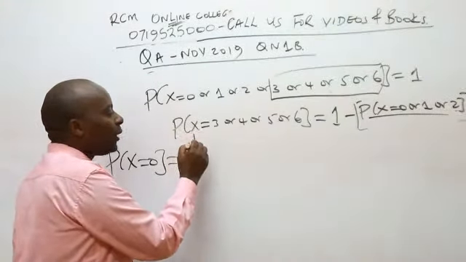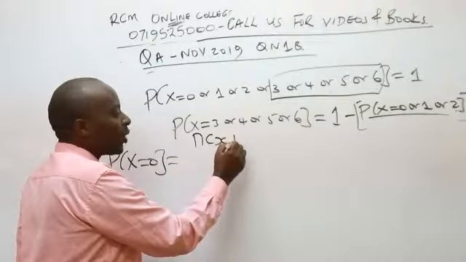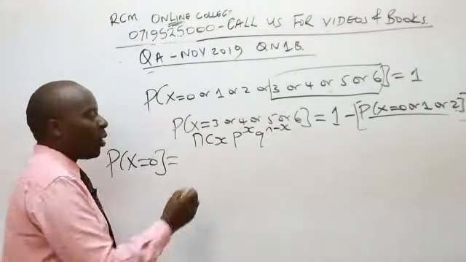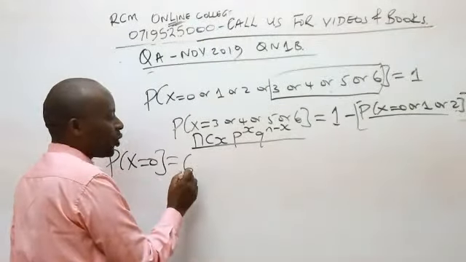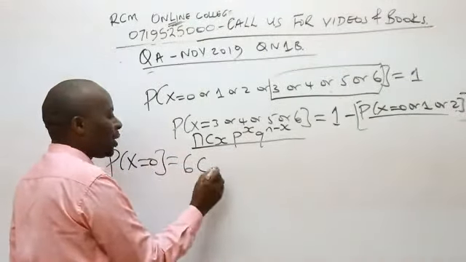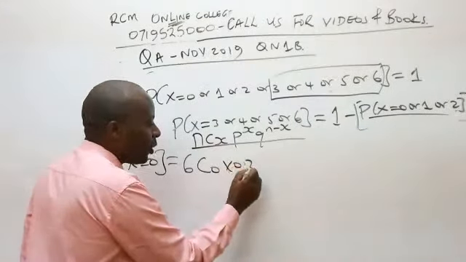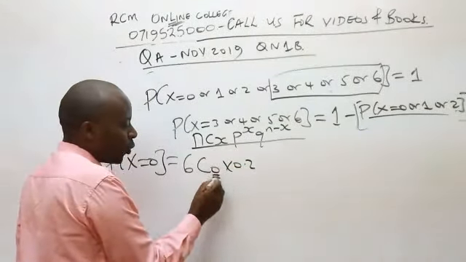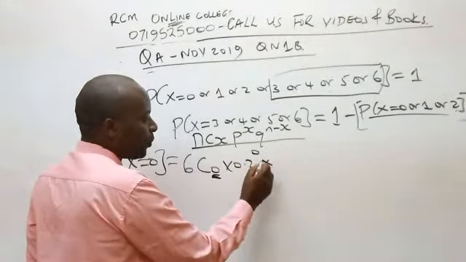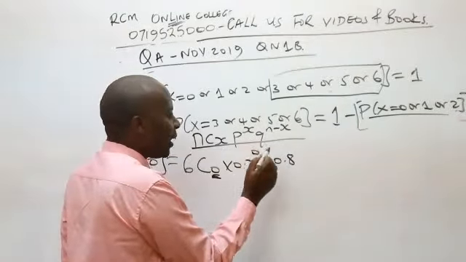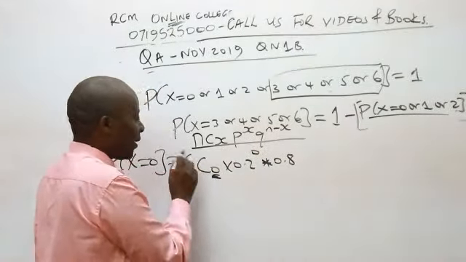Our model is the one that goes like this: n combinations X, P raised to X, Q raised to n minus X. So our n here is 6. So 6 combinations 0. P, I hope you remember our P was 0.2. So 0.2 raised to this X, which is 0, times Q is 0.8. 0.8 raised to n.